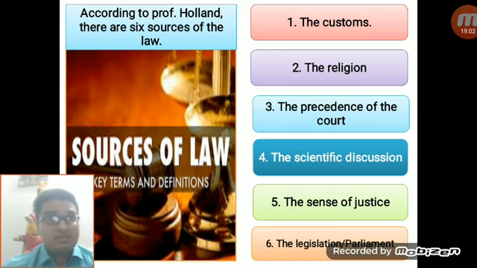Number 6, the legislation and parliament. Okay, in modern time the legislation or parliament makes laws. And this is called the main source of making law at present time. And you know there are 3 organs of government. One is the executive organ, second is the legislative organ, and third one is the judiciary organ.